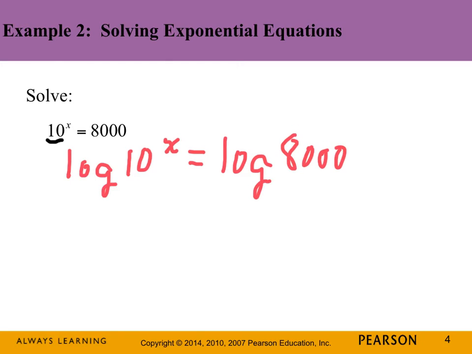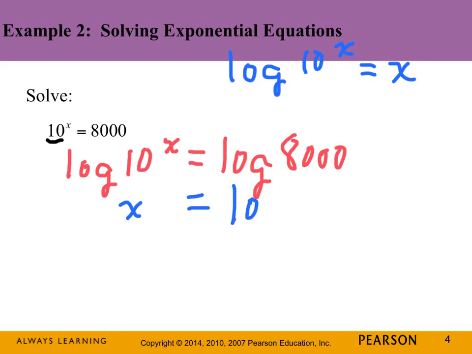Now, if you'll look back on our 4-step process, one of the properties that you need to remember is the fact that log of 10 to the x is always going to equal x. So we're going to use that here. So the left-hand side just becomes x, and that equals the log of 8,000.